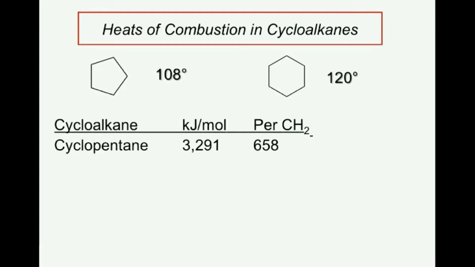So here we have the heat of combustion for cyclopentane, and if I divide the heat of combustion by the number of methylene groups that are in the ring, I get 658 kilojoules per mole per CH2 group that's in that ring. Look at cyclohexane, however. Cyclohexane is actually lower in energy than cyclopentane per CH2 group in the ring, which means that cyclohexane actually has less angle strain than cyclopentane.